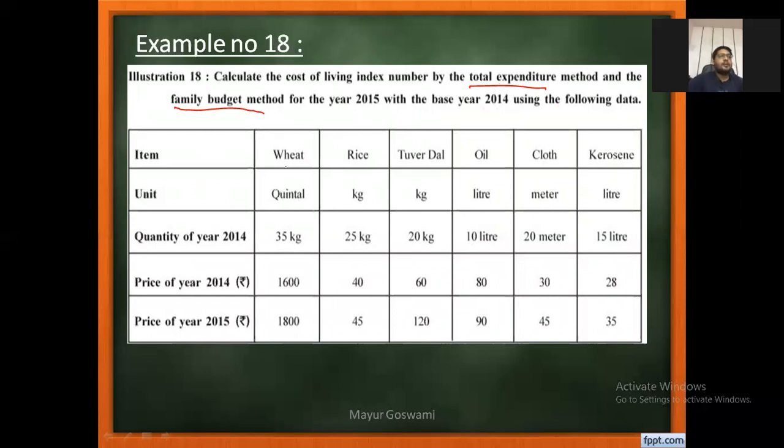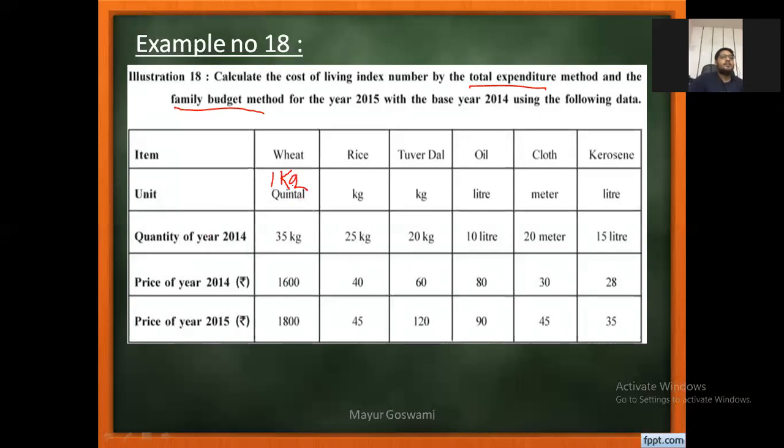So the items given are wheat, rice, tur dal, oil, cloth and kerosene. The unit is given. This is what we have seen in the previous lecture, previous video. Quintal is given, but the quantity is given in kg. So this quintal is converted into 1 kg, right?